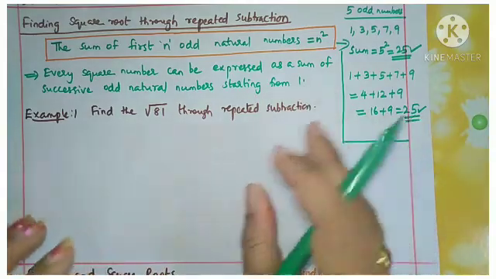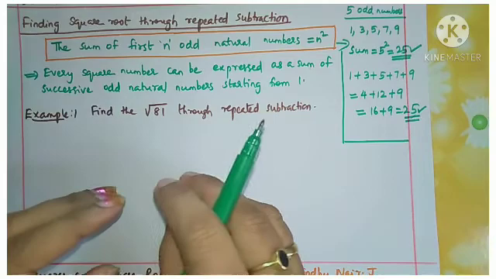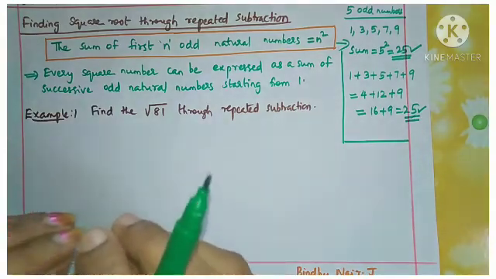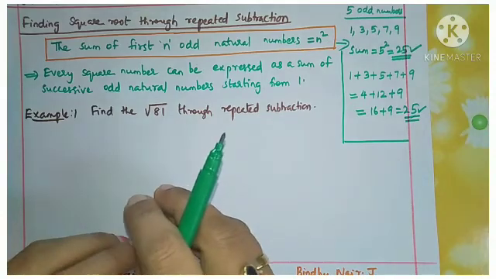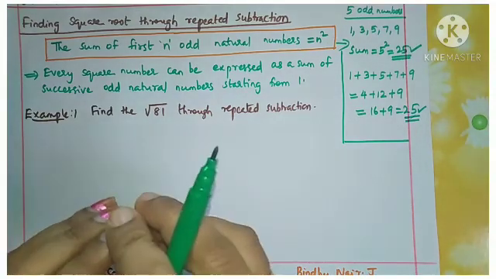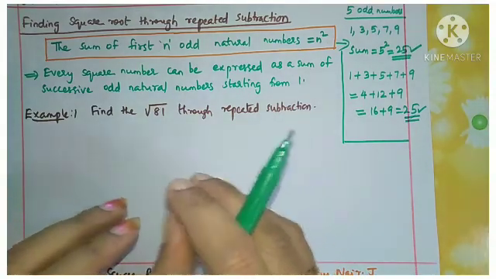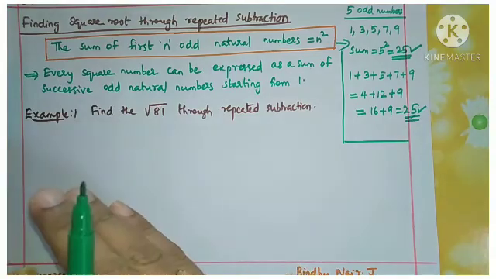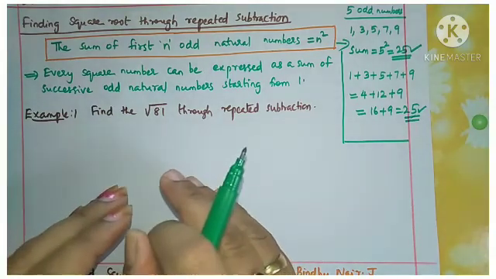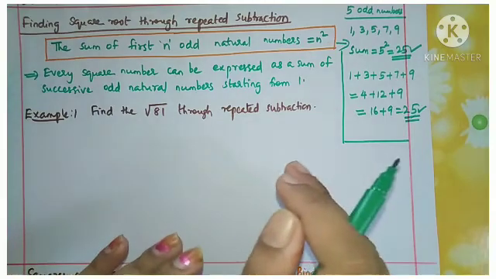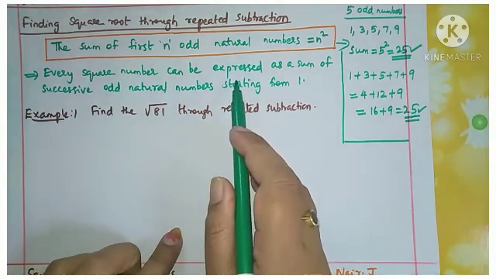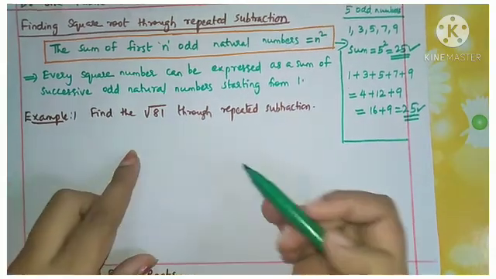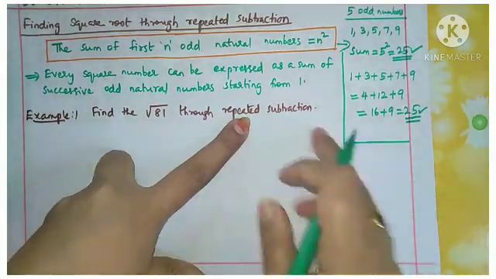A perfect square means a number which has a square root. So any perfect square number we can write as a sum of odd numbers. From that concept we get the repeated subtraction method.